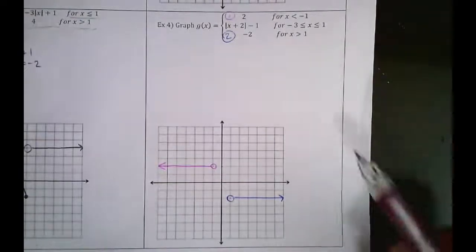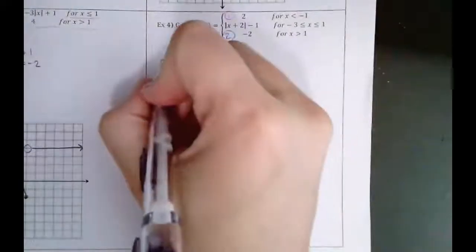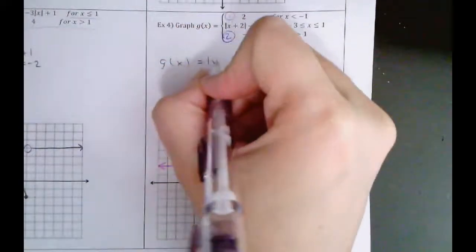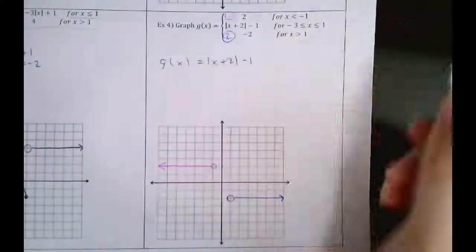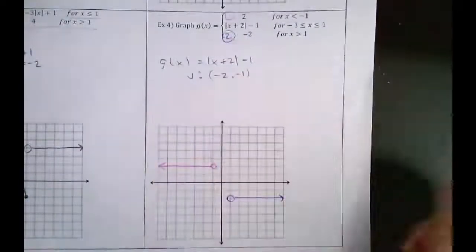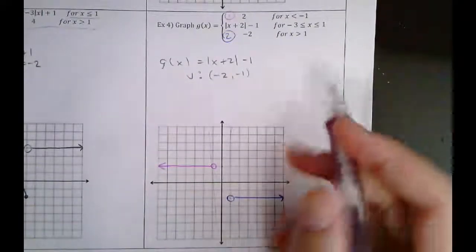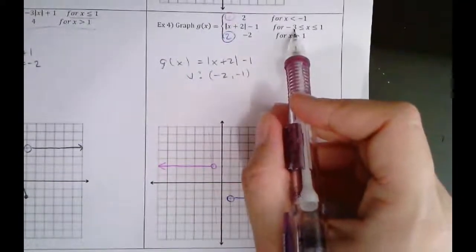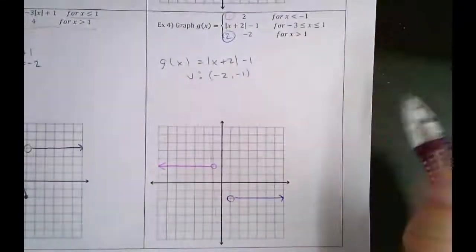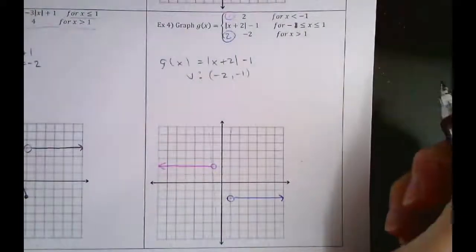Now we need to figure out what's happening in the middle. So what's happening in between here? That is our absolute value function. So first, the vertex is at (-2, -1), which falls outside of our domain. Oh, actually, we have a little typo here. Change this -3 to a -1.